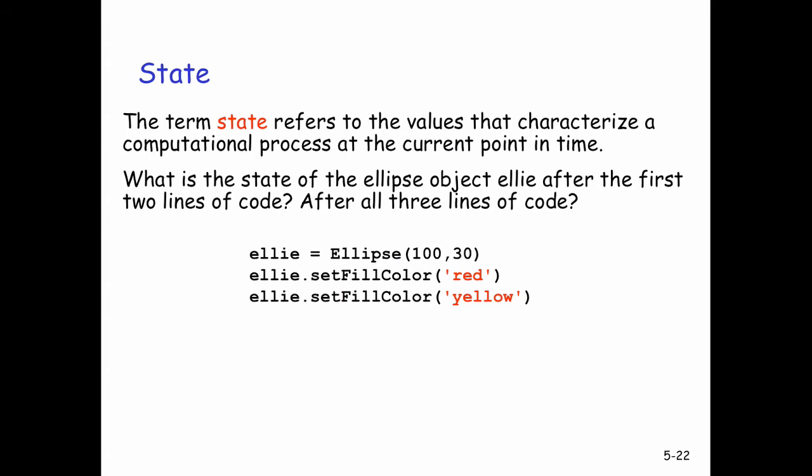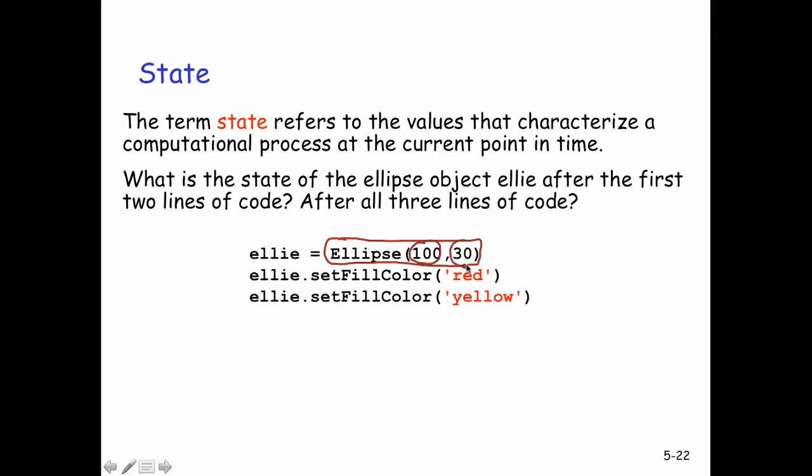What state is in a computer program is just the set of values that characterize the process at a particular point in time. So for instance, if we define an ellipse, this ellipse is characterized by the major and minor axis. So this is something that's an ellipse that fits into a rectangle that's 100 units wide by 30 units high.